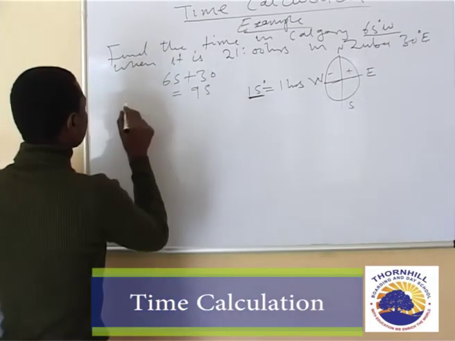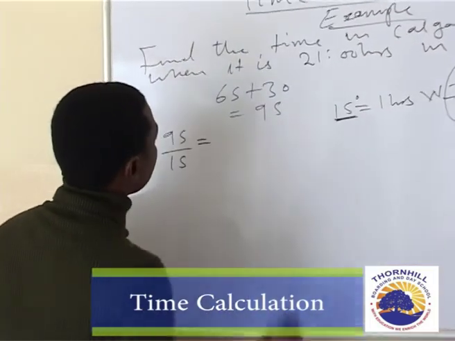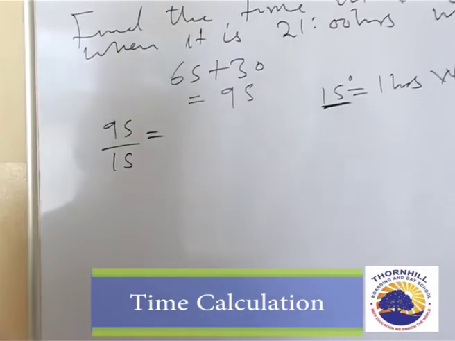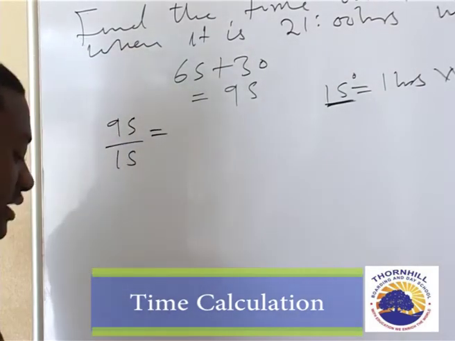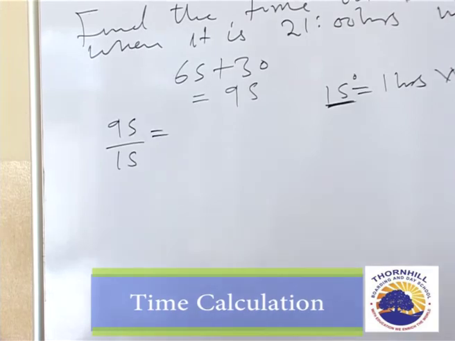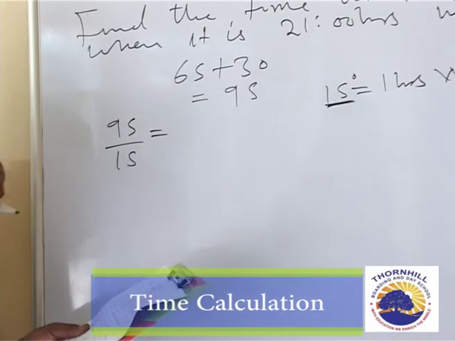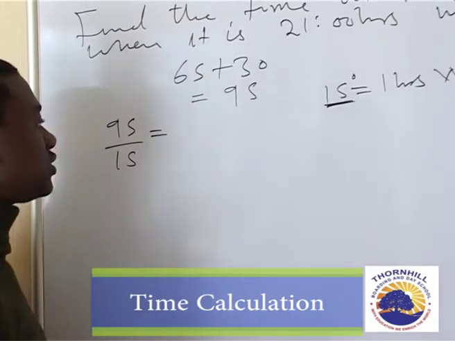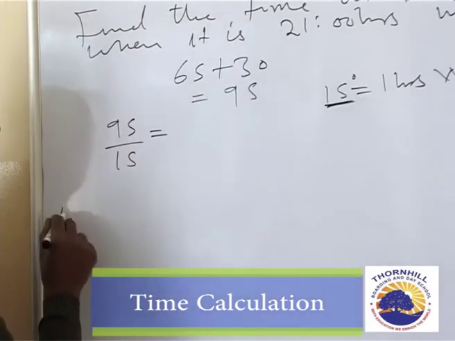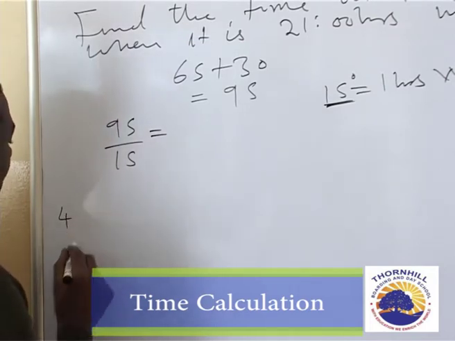So we're going to say 95 divided by 15. How many times does 15 go into 95? We know 15 into 60 goes 4 times. 15 into 75 goes 5 times.